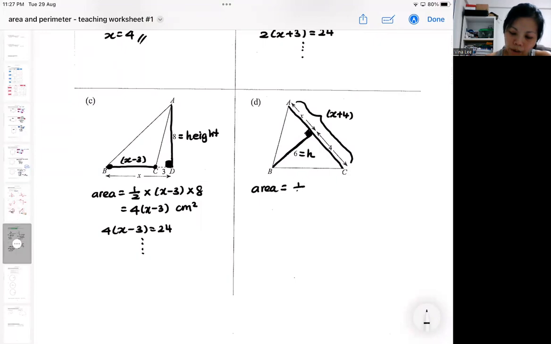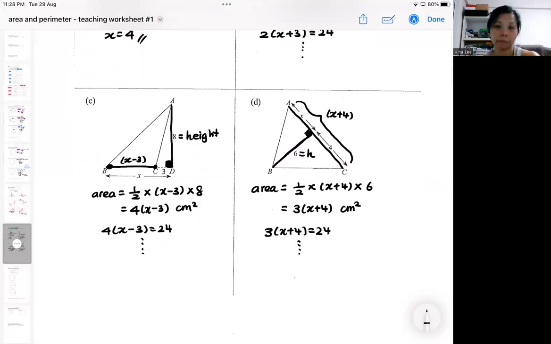Then you do half times base times height. Half and 6 will become a 3. So 3 and x plus 4. Then you get centimeter square. Label, then you do the units. Set the algebra to 24, and then you solve for your x.